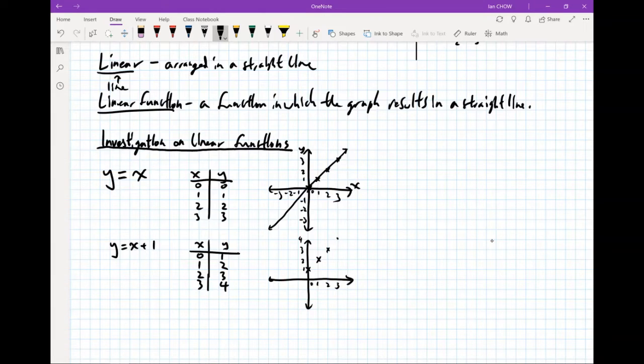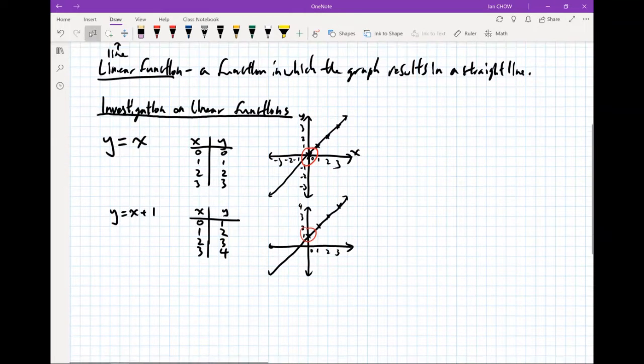And x is 3, y is equal to 4. Our graph would look somewhat like this. It looks very similar to the above graph. The only difference is that instead of the line passing through at 0, 0, the line passes through our y-axis at 1. That is the only difference here.